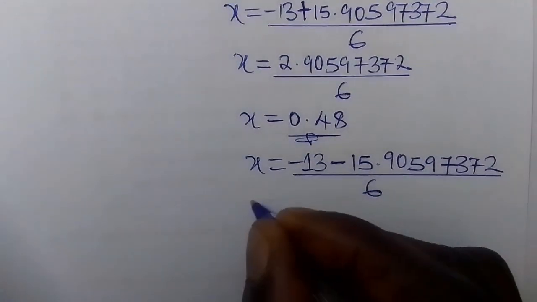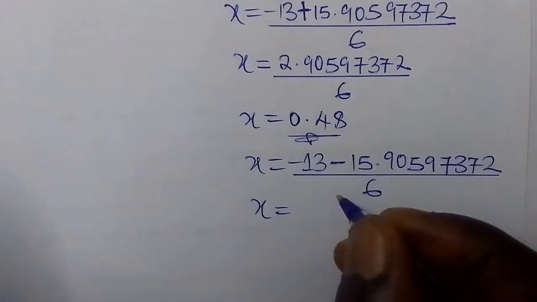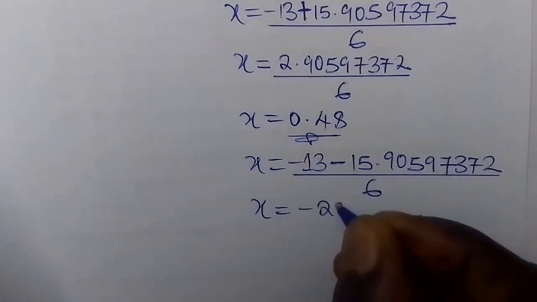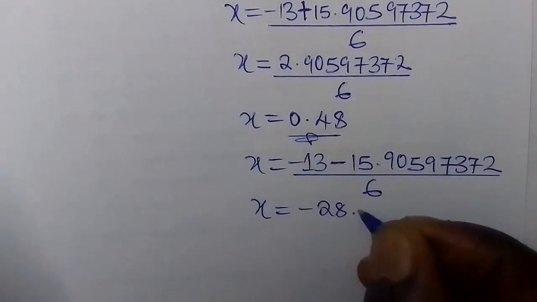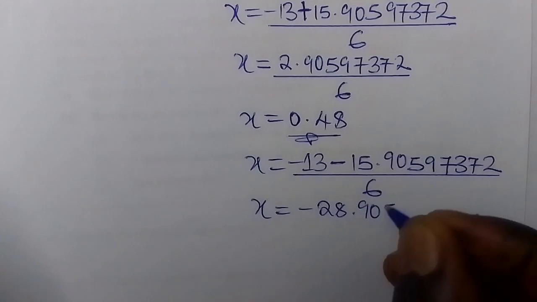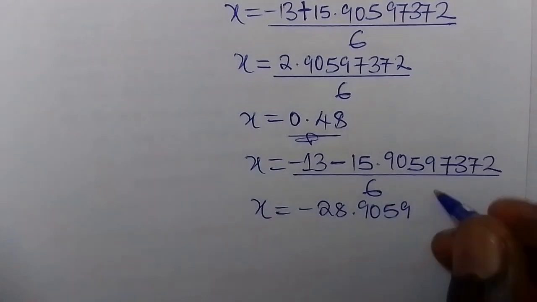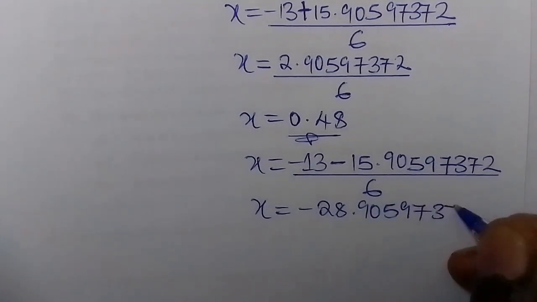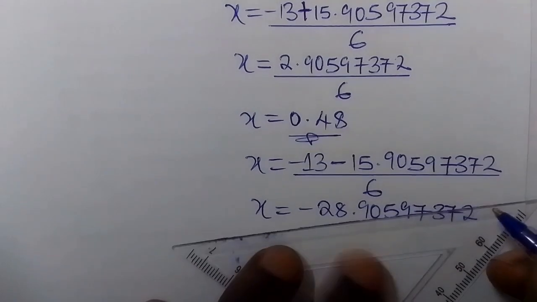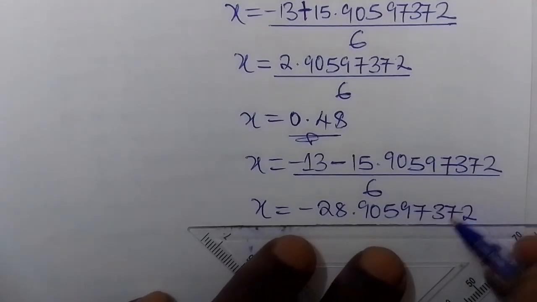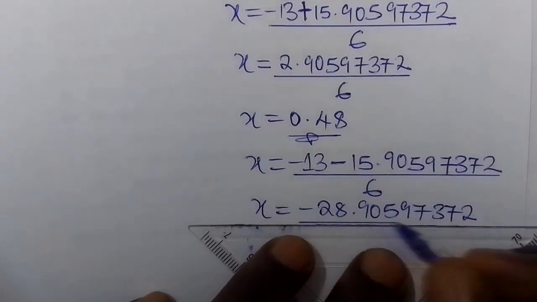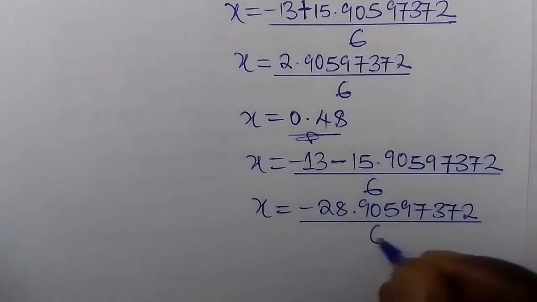So the subtraction here gives us negative 28.90597372. This is dividing with 6.